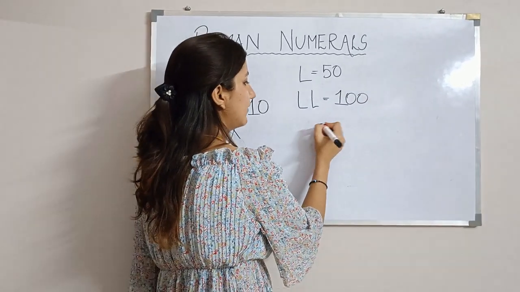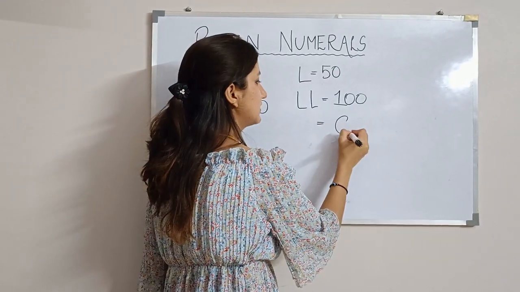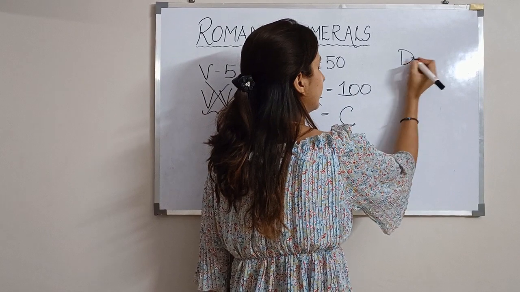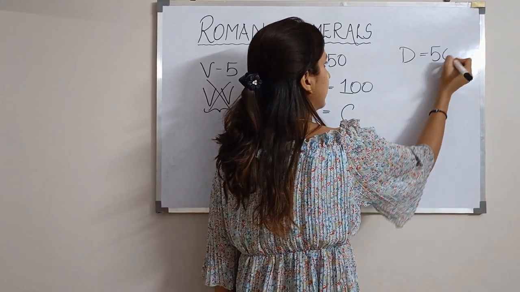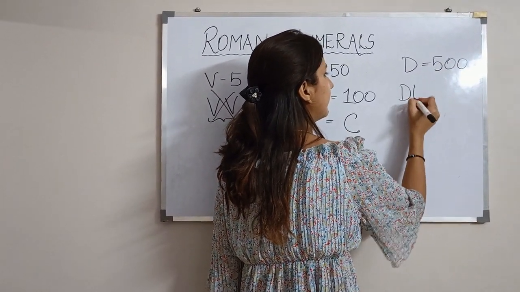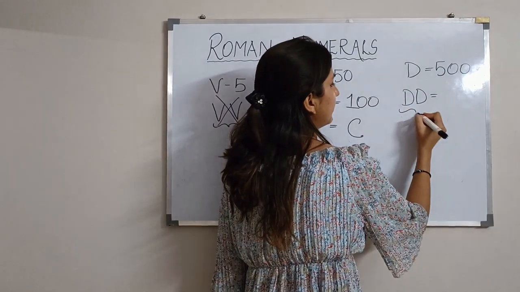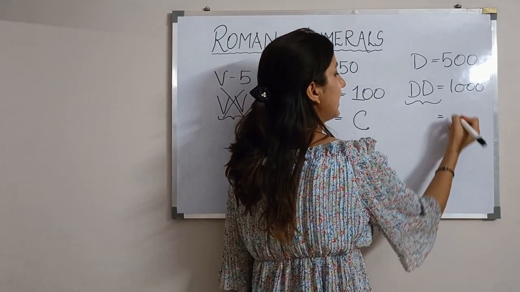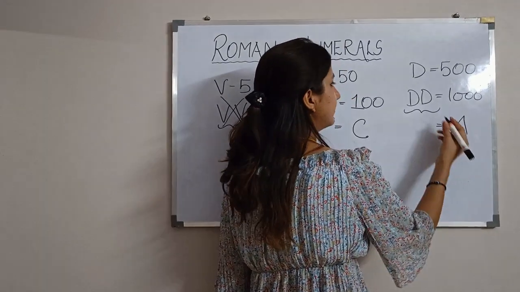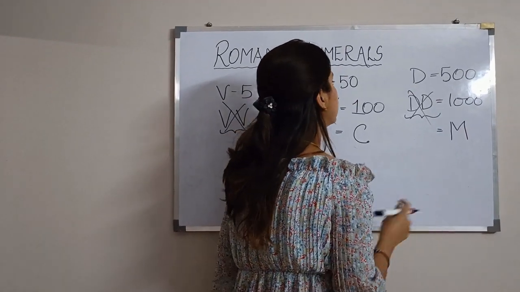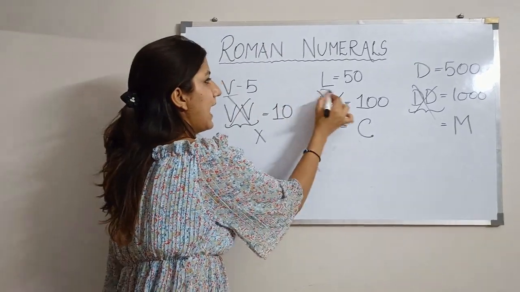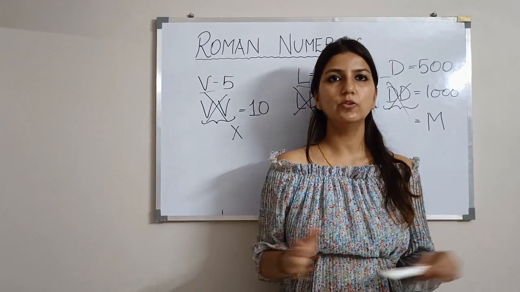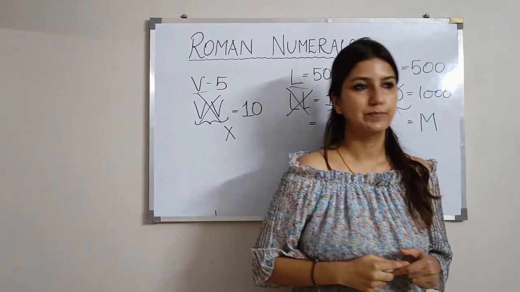But again we have a separate symbol for 100, which is C. So this is not allowed, and the same case with 500. D is 500, and if we write D 2 times, this would be 500 plus 500, which is equal to 1000, and again we have a special symbol M for writing 1000, so this is not allowed. So V, L and D are 3 symbols whose repetition is not allowed, not even a single time.